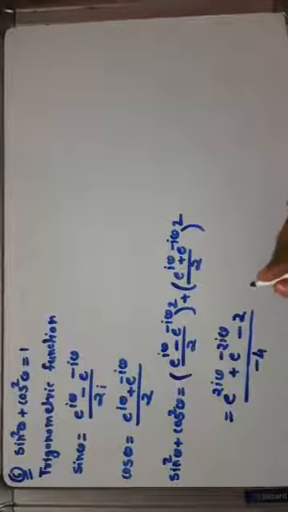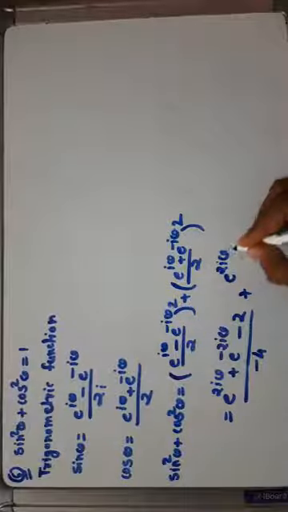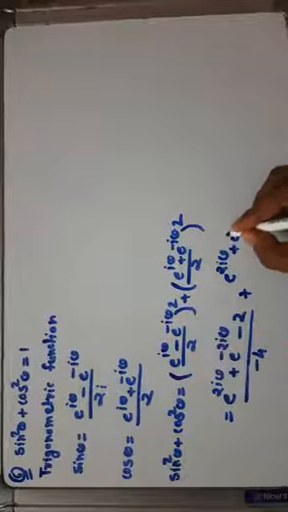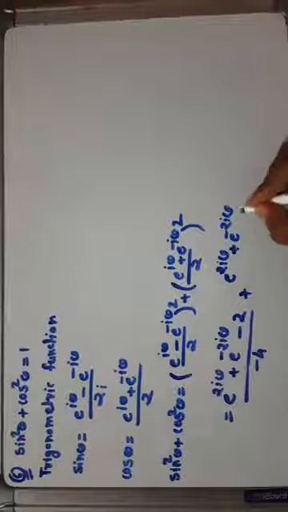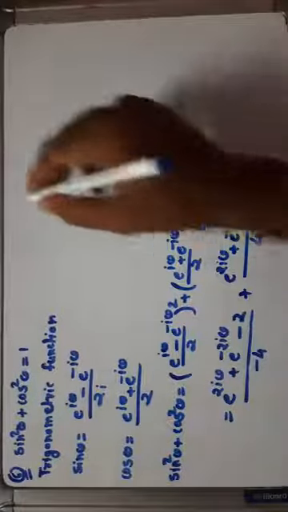Plus e raised to 2i theta plus e raised to minus 2i theta plus 2 divided by 4, right?